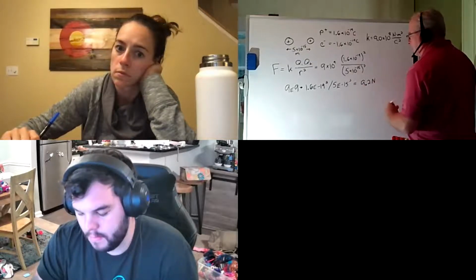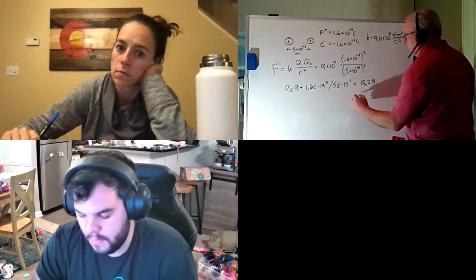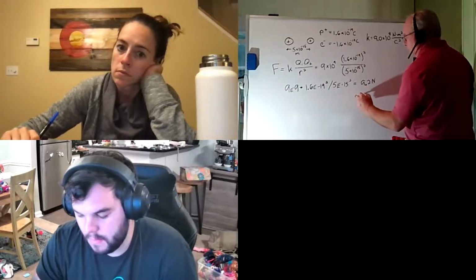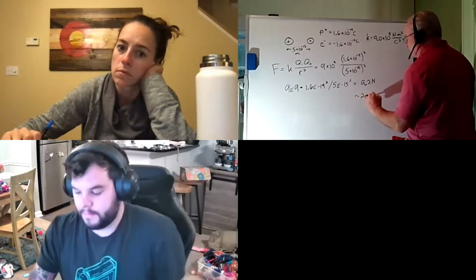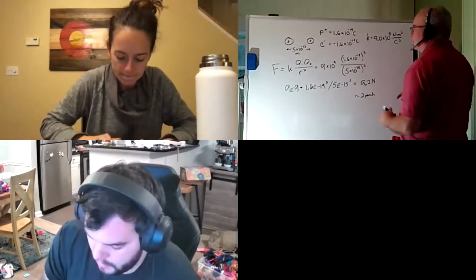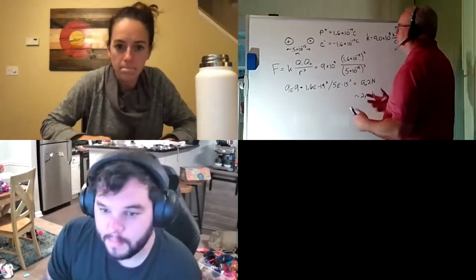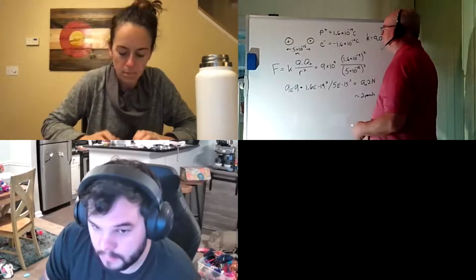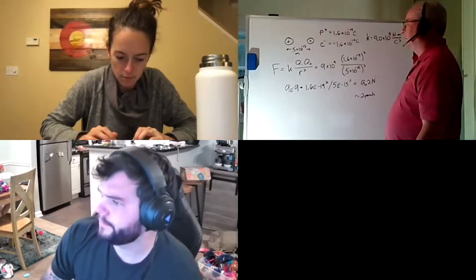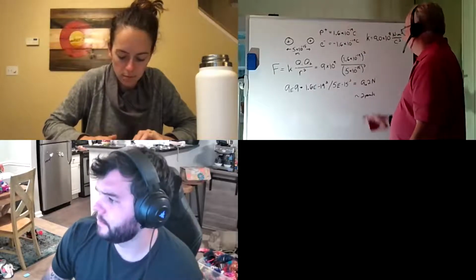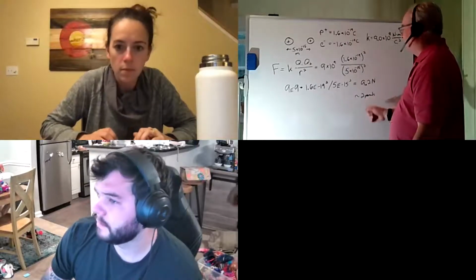And it's not a small force either, because 9.2 newtons is approximately equal to 2 pounds. So that's crazy that there's 2 pounds of force trying to blow these protons apart, right? This would be a situation that's happening in the helium nucleus where you just have 2 protons. And there's a lot of force trying to push them apart.